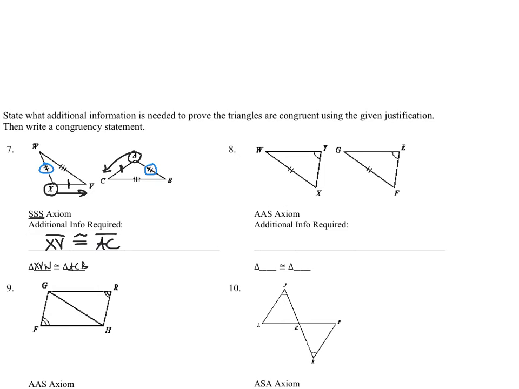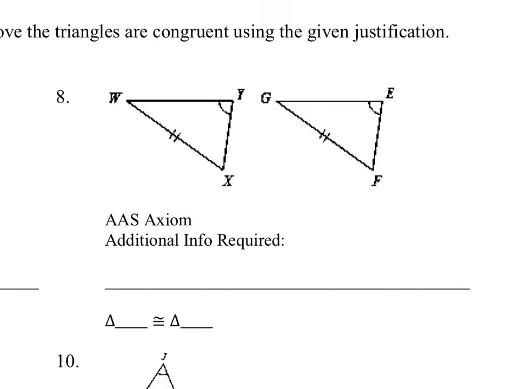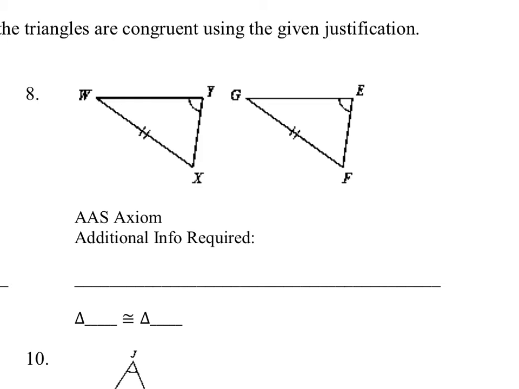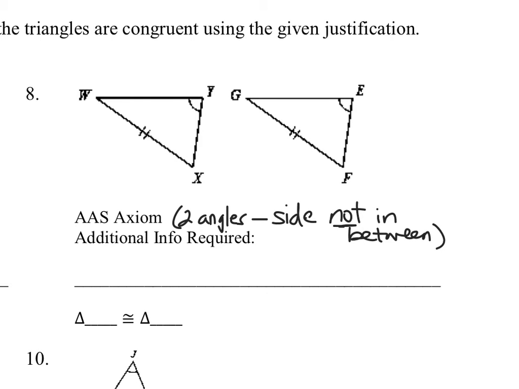All right, AAS, now this one wasn't talked about on the previous page. This is 2 angles, but the side is not in between them. So then you kind of play it around and you see, well, is there any way that I could designate 2 other angles being congruent and accidentally have that side in between them?